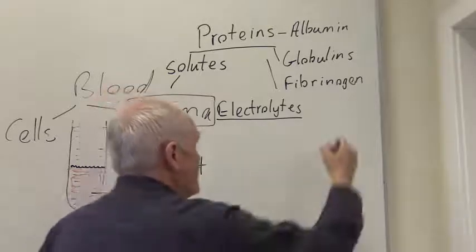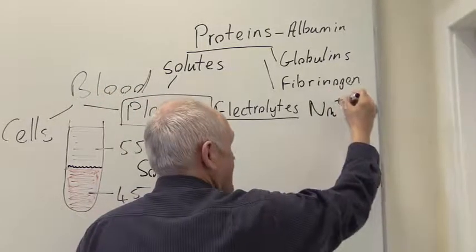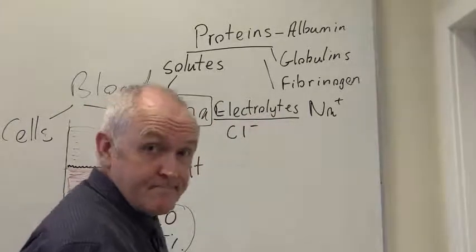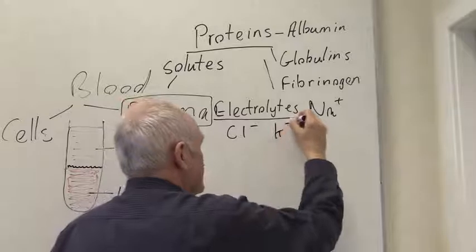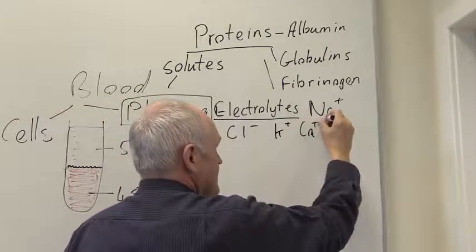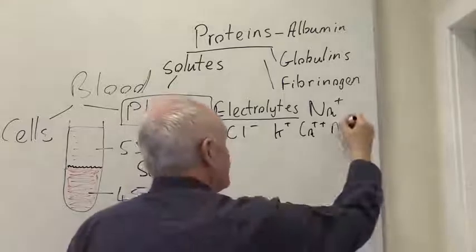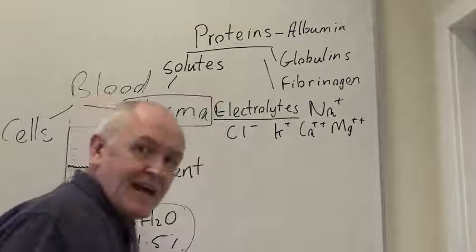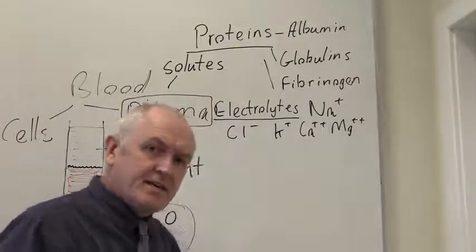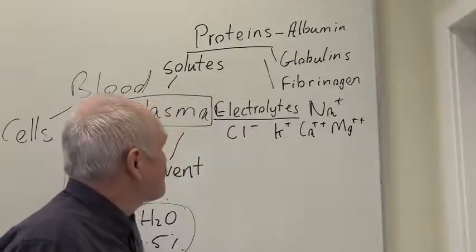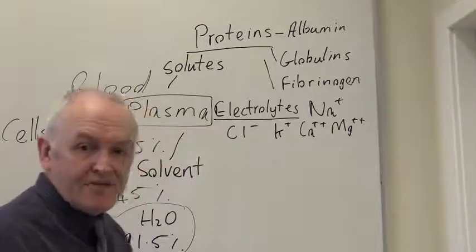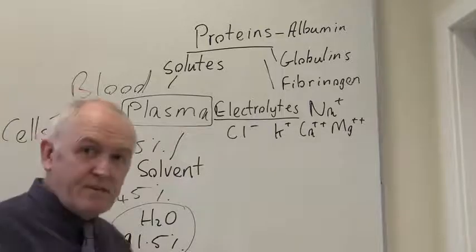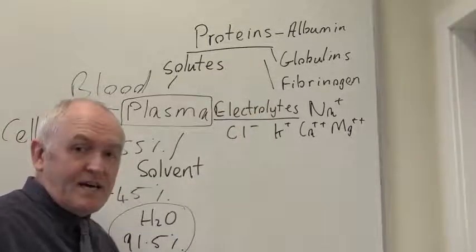And the common ones are sodium, which is Na+, chlorine, Cl-, potassium, K+, calcium with 2 pluses, magnesium with 2 pluses. So these are present as ions in solution in the plasma. So electrolytes are going to be found in the plasma. So we've got proteins in the plasma, we've got electrolytes in the plasma.